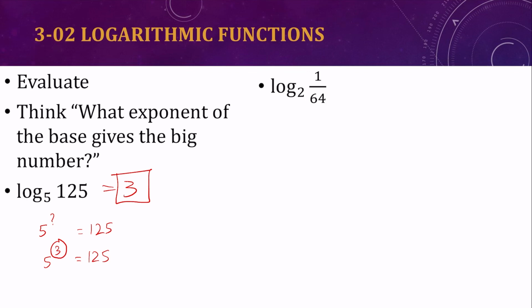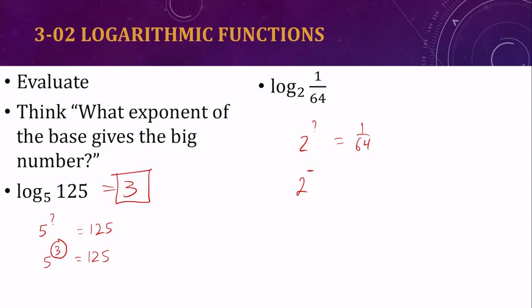How about log base 2 of 1 over 64? So again, you're thinking, what exponent of 2 gives me 1 over 64? Well, I can see the base is reciprocal. We were 2, now we're 1 over 64. So the exponent would be negative because it was reciprocal.